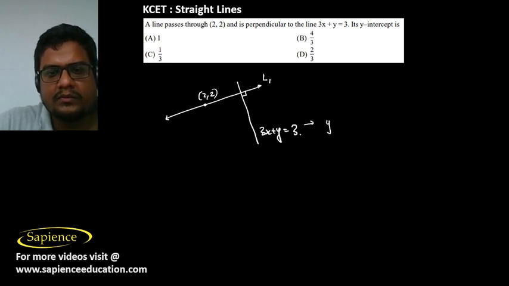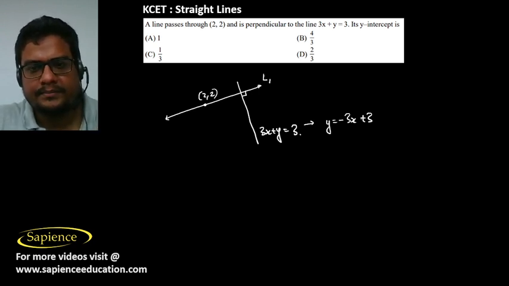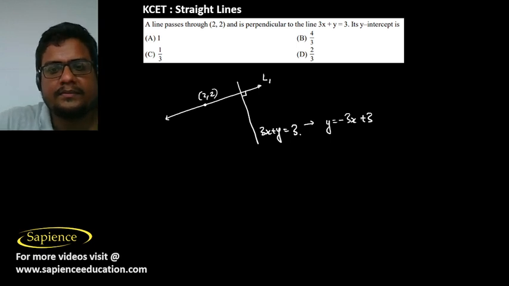The other line will be y equal to minus 3x plus ..., this is equation 9.